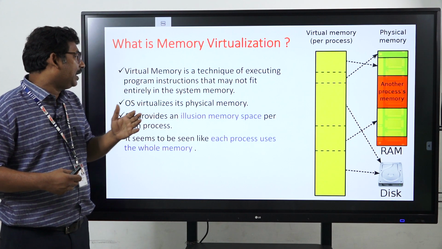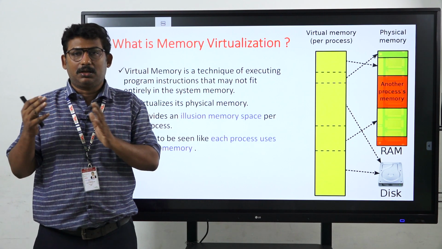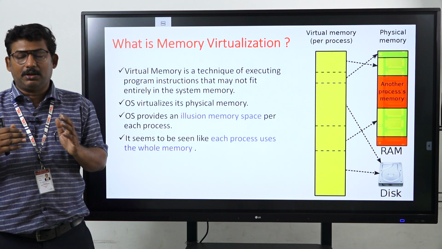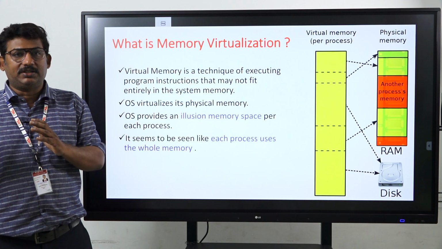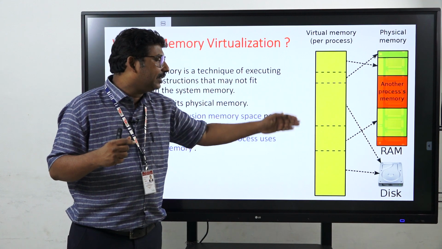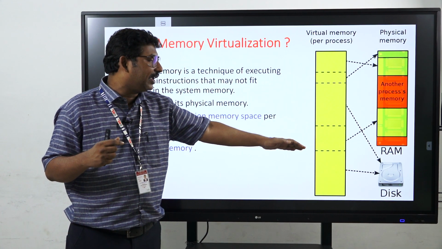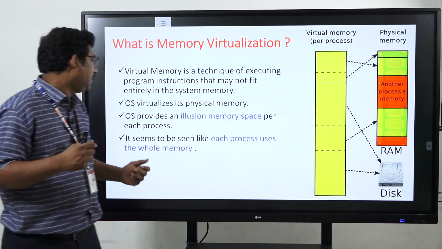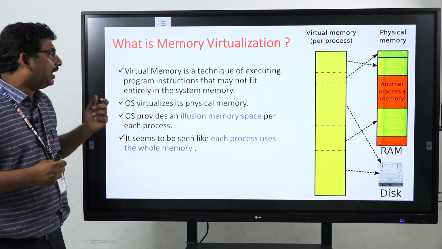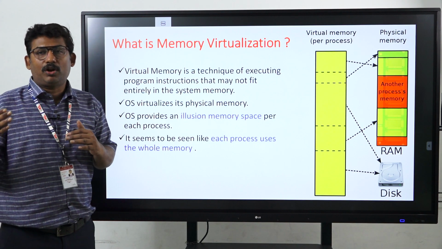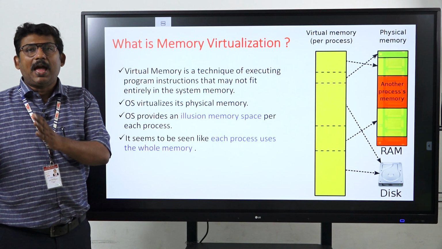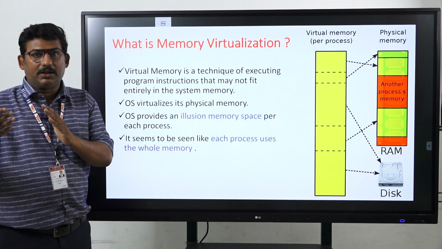Here the physical memory is virtualized in the operating system. As part of memory virtualization, the physical memory is the RAM, and the virtual memory is taken through the hard disk. The OS provides an illusion of memory space to each process. Depending on the process, it will give the illusion of memory, that is the virtual memory, and the process works based on it.